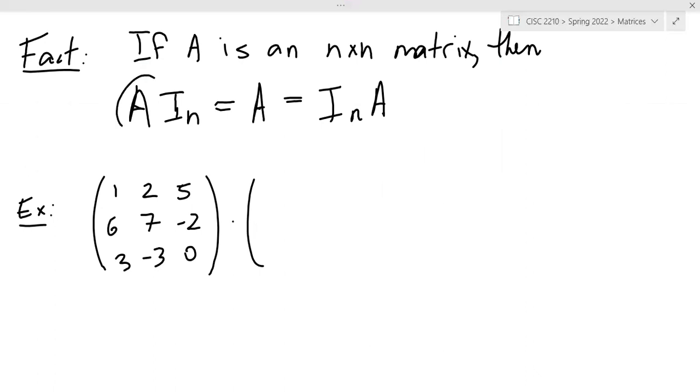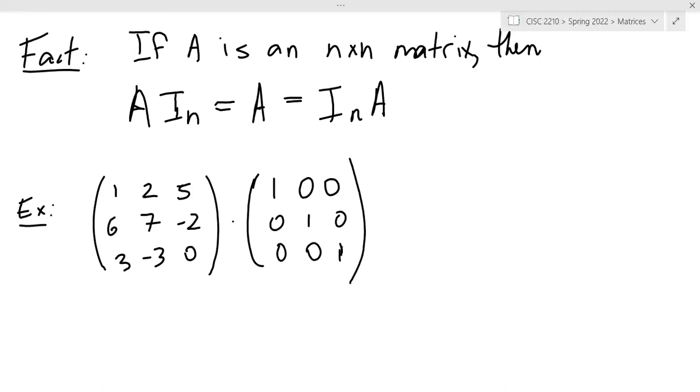By the way, when we write the identity matrix, sometimes we don't write the subscript n. In cases where it's obvious what the order is, we just write I and don't bother writing the subscript n. So we have 1, 0, 0, 0, 1, 0, 0, 0, 1.